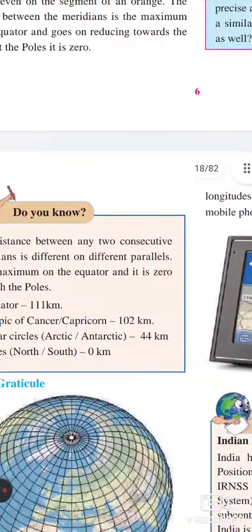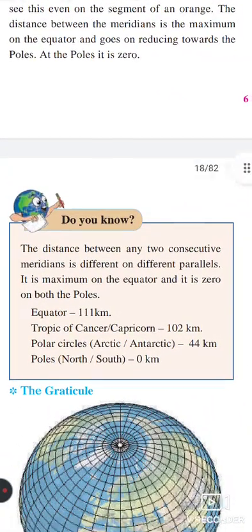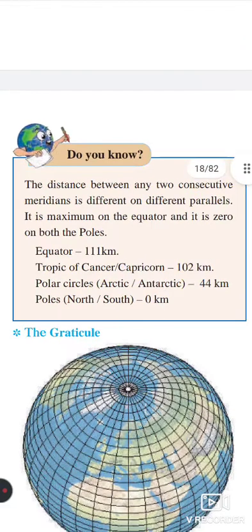Now there are advanced equipments available to us to know the degrees of the earth and the graticules of the earth. The distance between two consecutive meridians is different on different parallels due to the size of the earth.